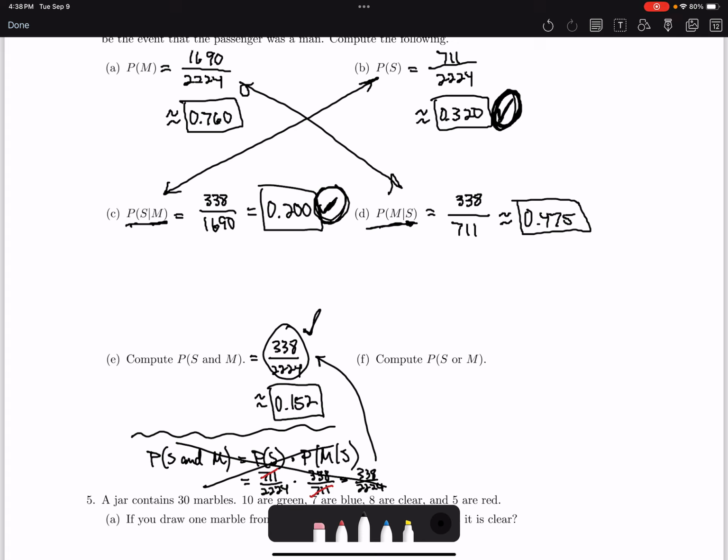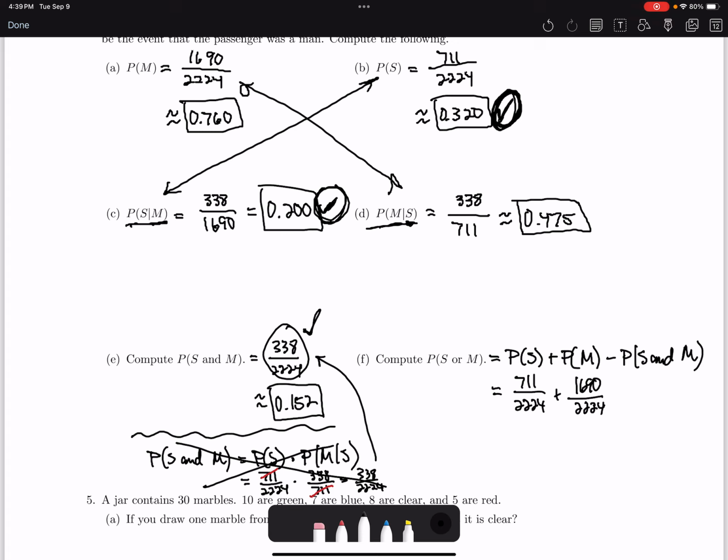It works perfectly fine. Part F, compute the probability of S or M. So the probability the individual is a survivor plus the probability that the individual is a man minus the overlap, okay? Because we don't want to double count those individuals who belong to both categories. So this is 711 out of 2224 plus 1690 out of 2224.